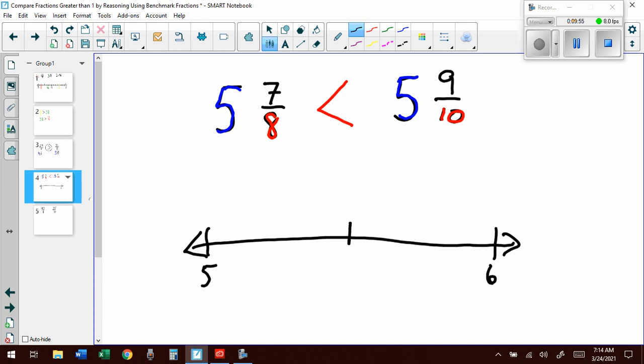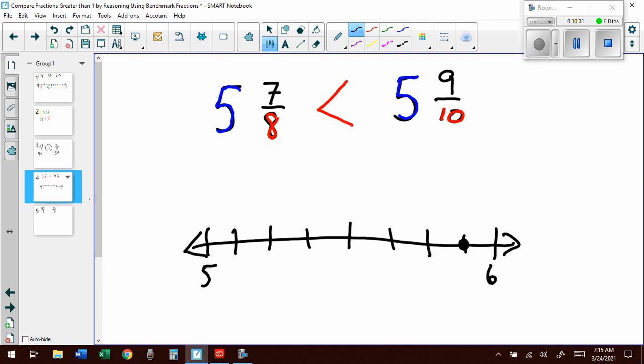If we partition this into eighths, half, fourths, eighths, we land right here on 7/8. 1, 2, 3, 4, 5, 6, 7.